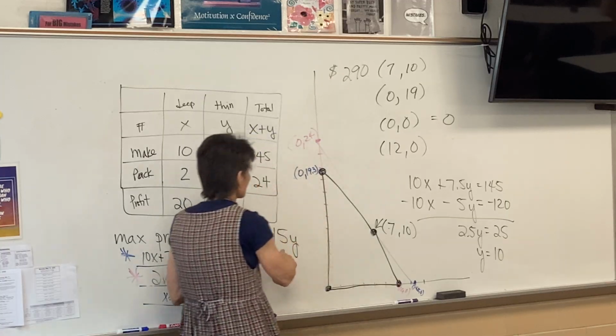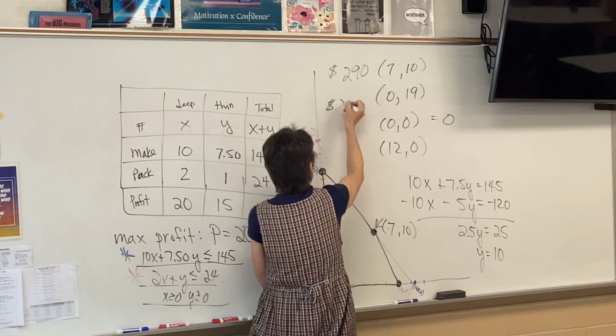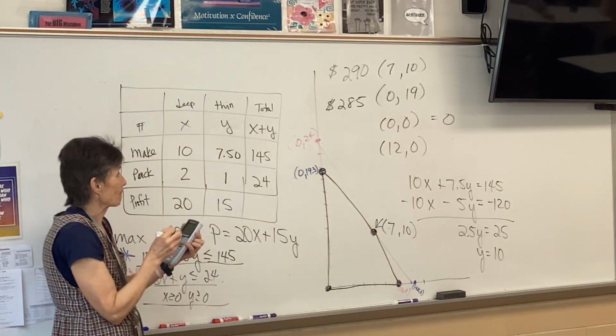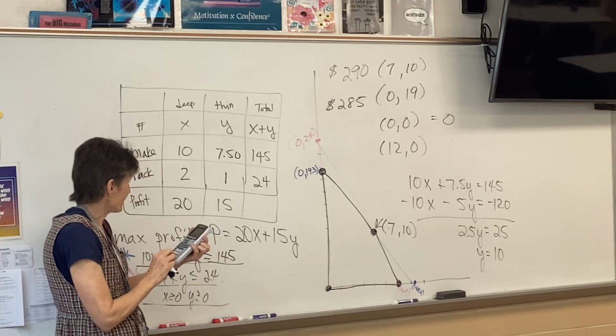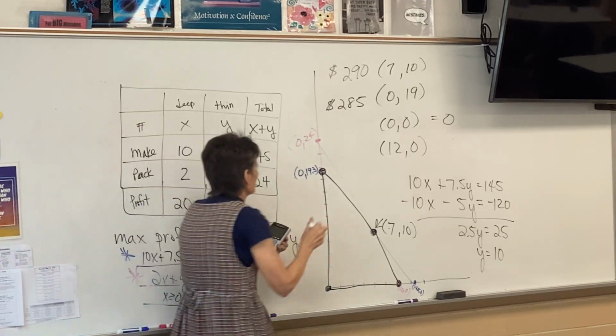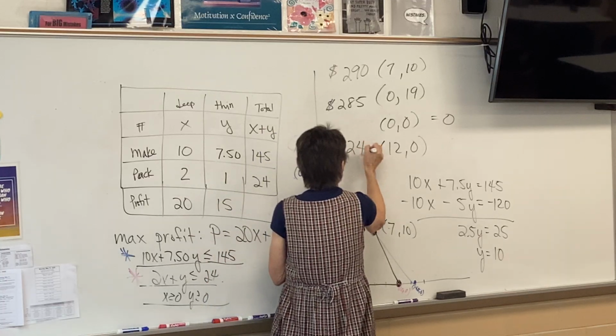If I just made 19 thin crust, I'd make $285. Are you seeing where these numbers are coming from? 0, and then if I make 12 deep dish, I get $240.